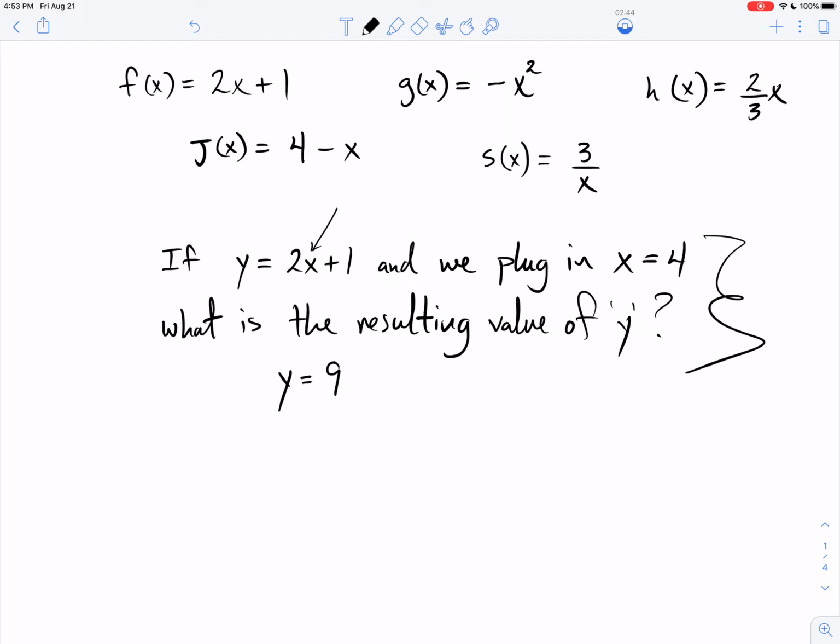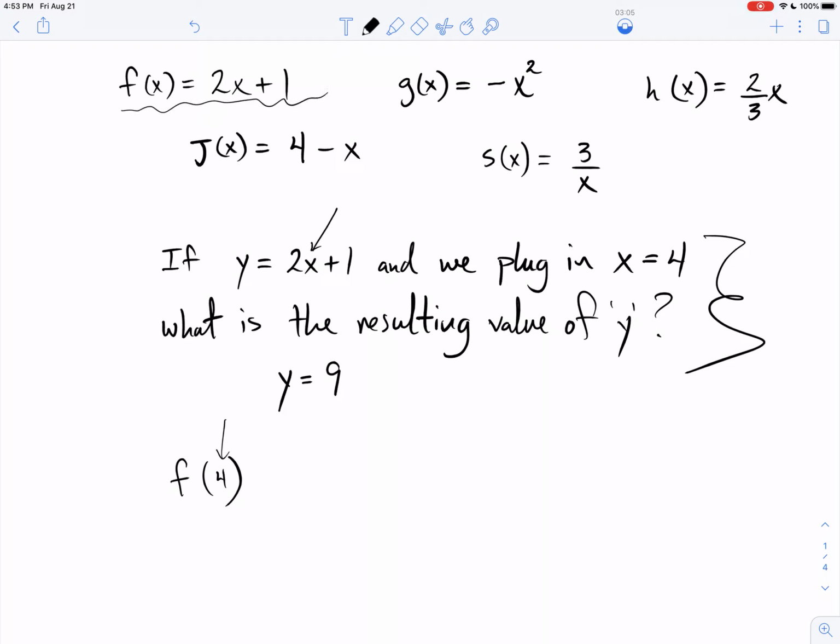Function notation was designed so that we could take a shortcut. f of 4. What that says is I want you to go up to the function that is called f. Well, in this case, it would be this one. What do I want you to do? I want you to plug in a 4 there.